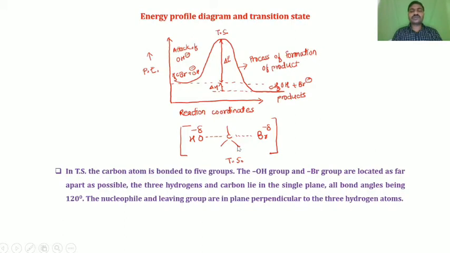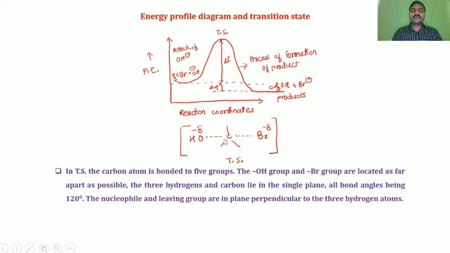If you see the transition state, this hydrogen and this hydrogen are 120 degrees apart from each other. This is sp2 hybridization for this carbon atom, and the nucleophile and the leaving group are in the plane which is perpendicular to these 3 hydrogen atoms.